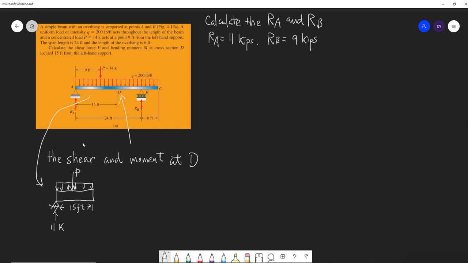So actually, this is according to the definition. Everybody should know the definition. The definition of the positive shear is this way, and the positive moment is clockwise, and the D point should be here.